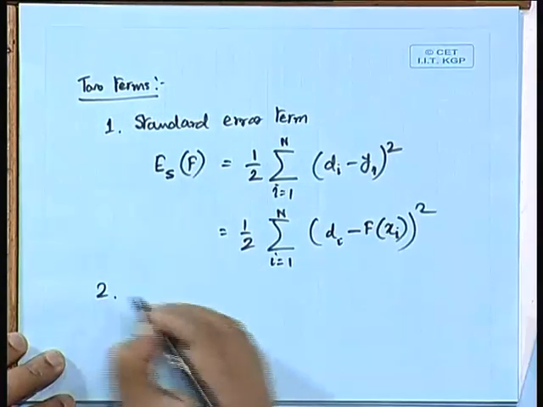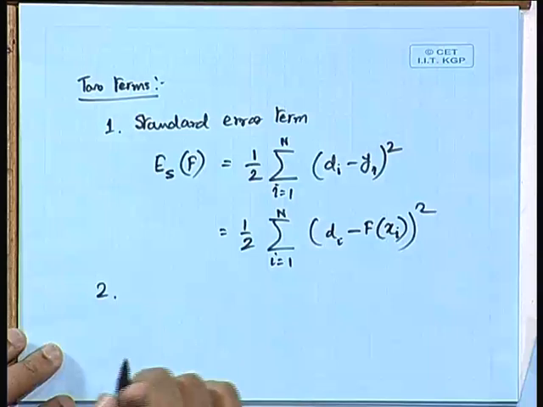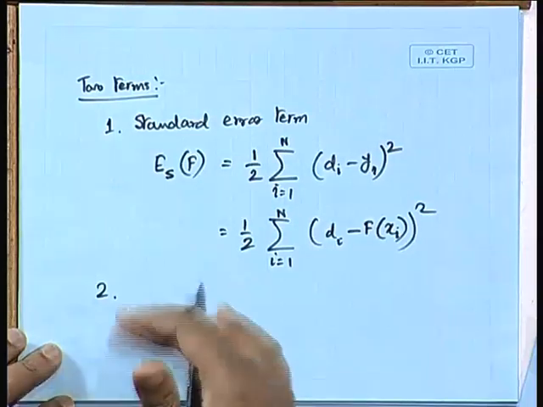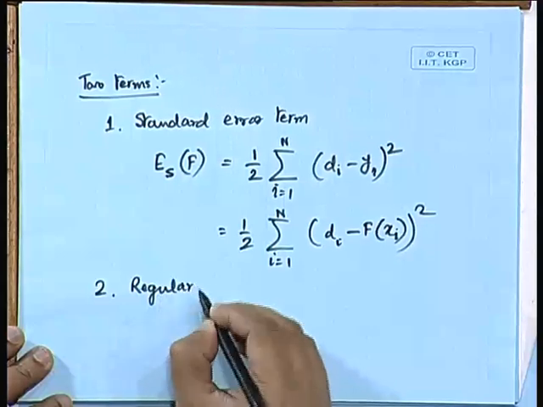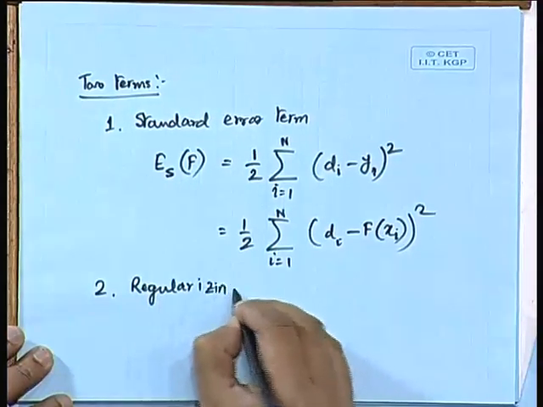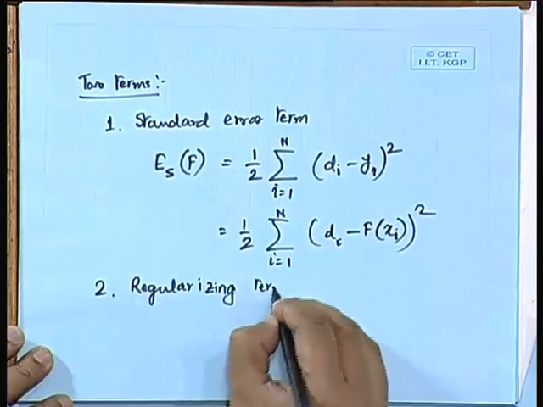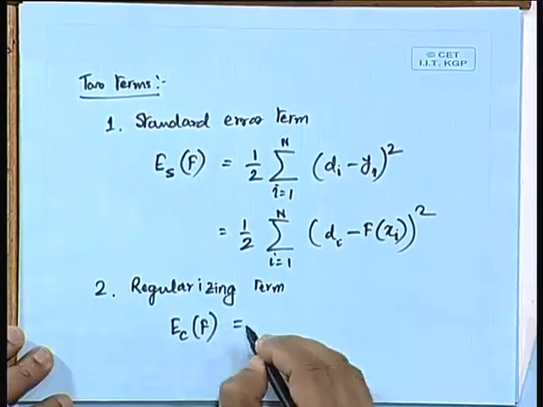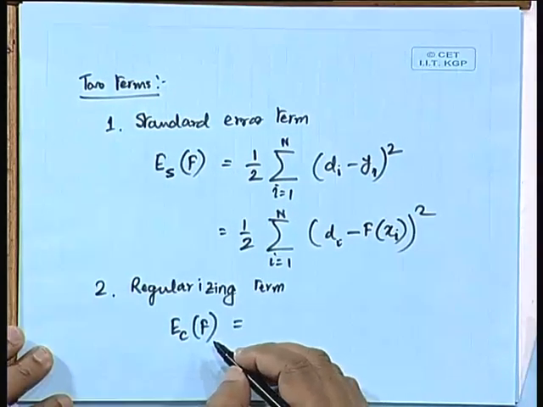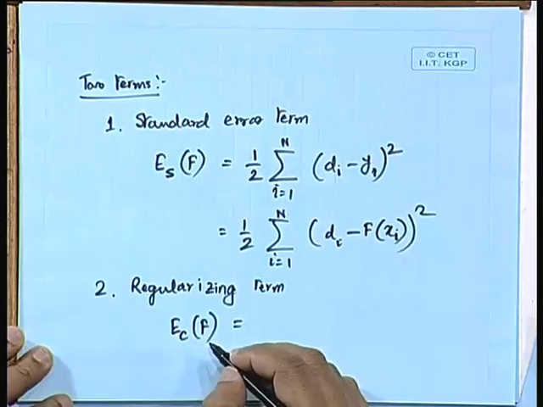And then in addition to this, where we are actually making it regularized or smoothened is done by the second term, which is called the regularizing term. And the regularizing term Ec of f is equal to, can you tell me how would you regularize a function?